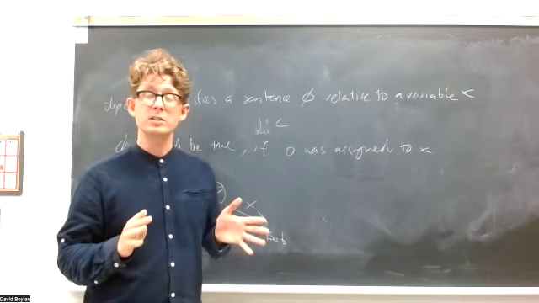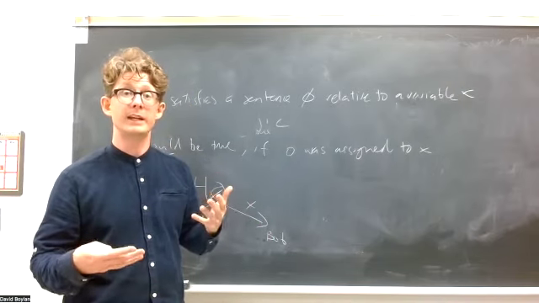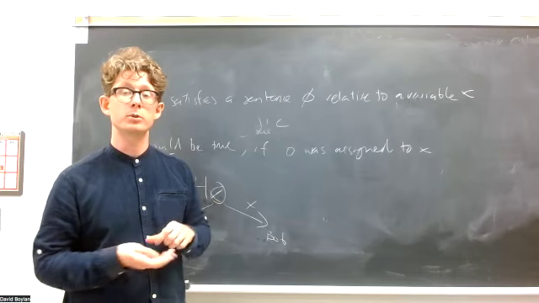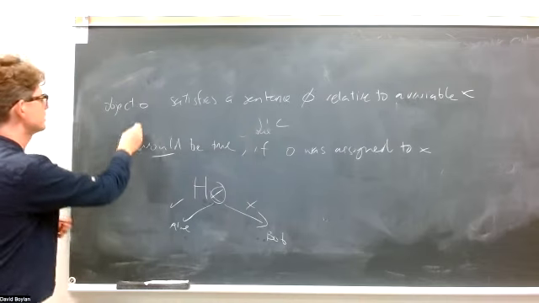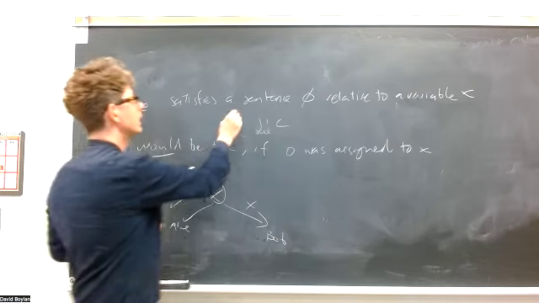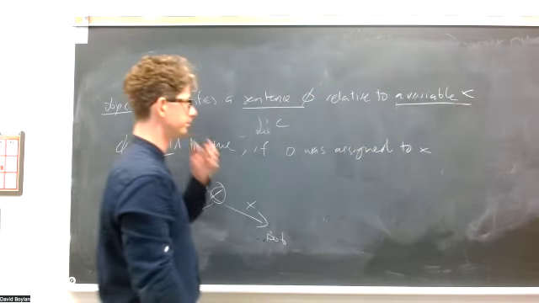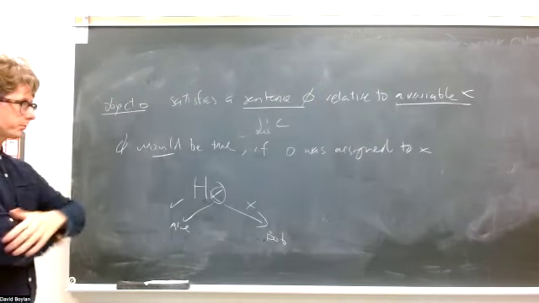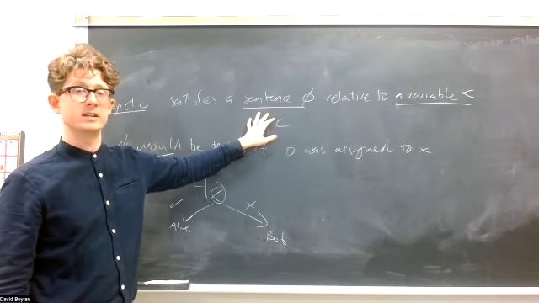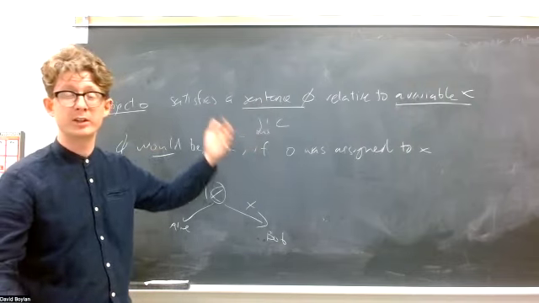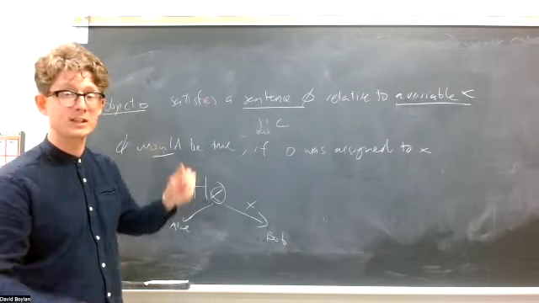I want to highlight something straight away. Satisfaction is a complicated relation. It's a relation between a bunch of different things. In our simplified version, it's a relation between an object, a sentence, and a variable. Hopefully the first two make sense. Satisfaction is all about whether a sentence would be true, and the object is the thing that we need to consider.